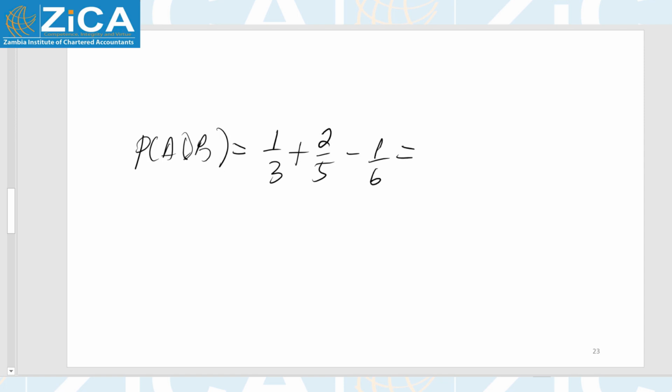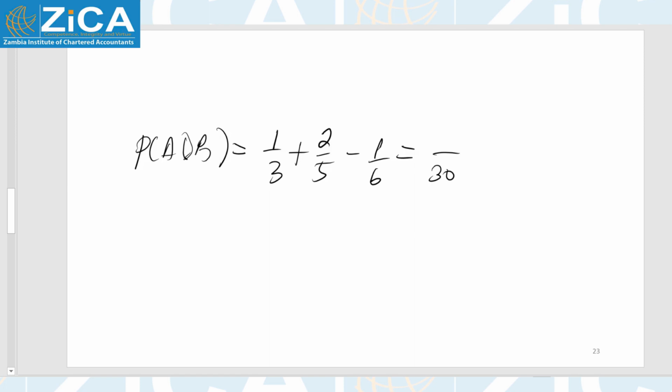So in our case, since we are given, substitute, we have probability of A union B being equal to 1 over 3 plus 2 over 5 minus the intersection 1 over 6. The common denominator here is 30, okay?